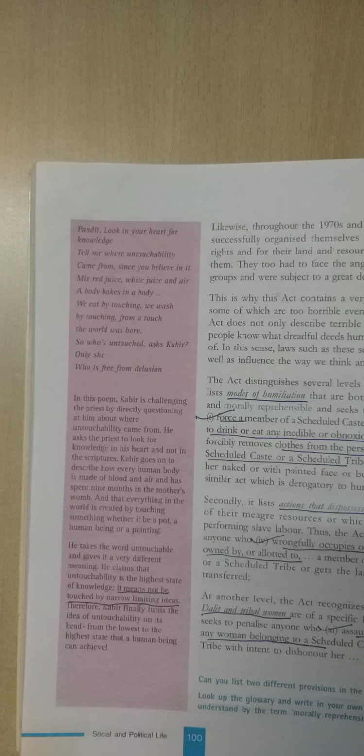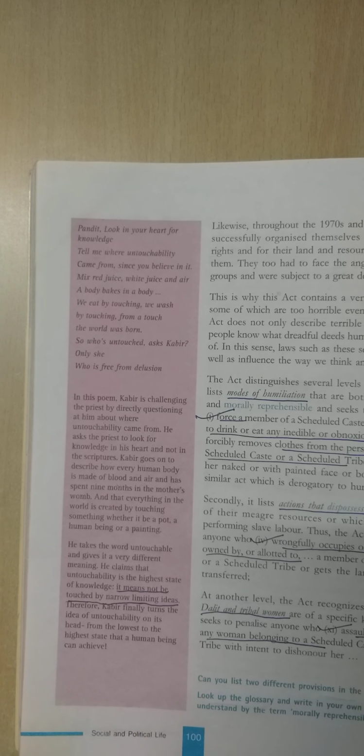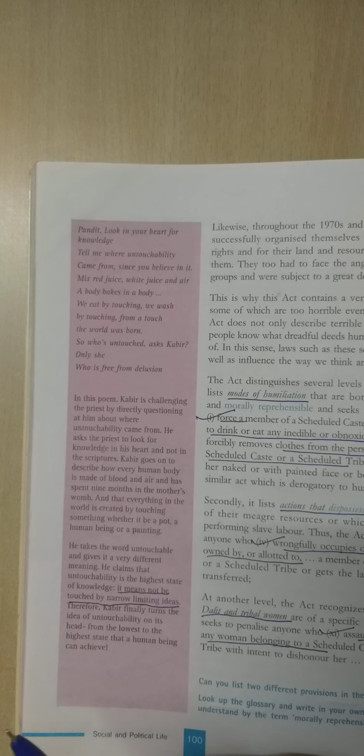Here they're talking about the touch in our everyday life, and this whole world is created by that touch. So here he's emphasizing: look into your heart, priest, for the knowledge in your heart, and not in the scriptures.